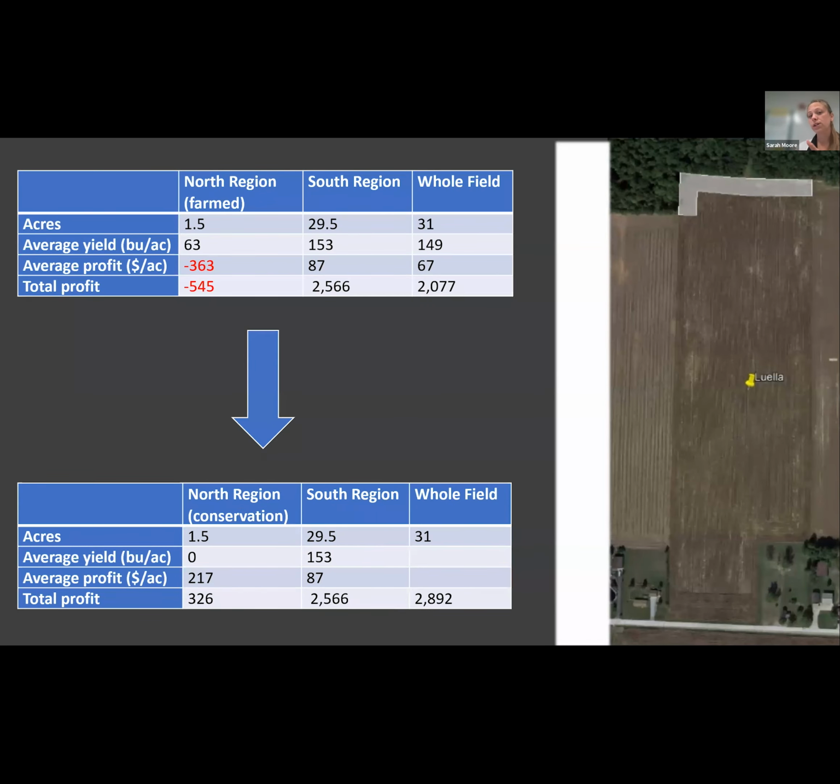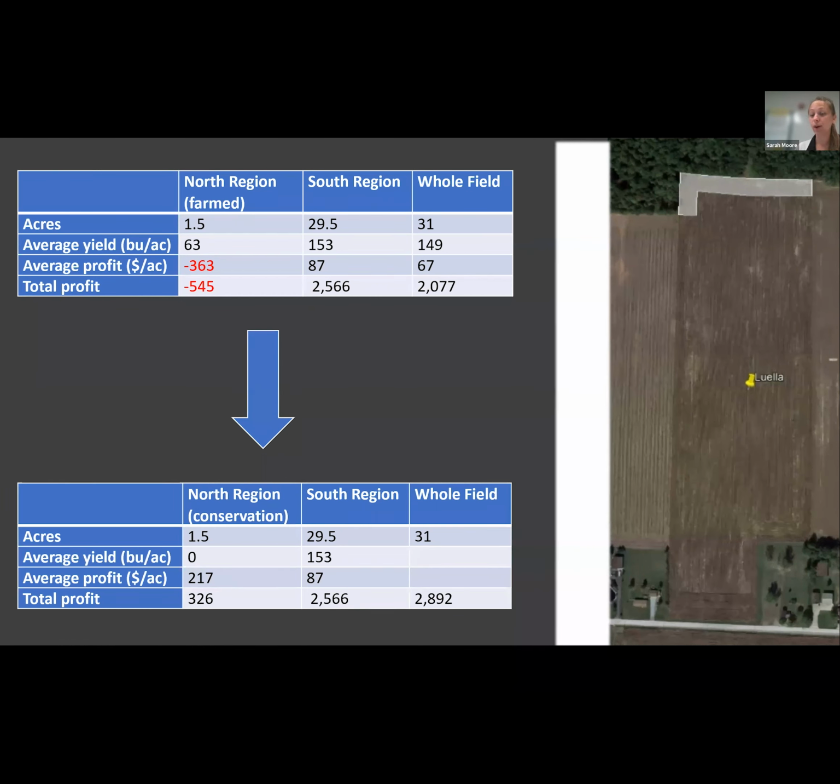So what we can do is look at putting a conservation program in this area that will pay for the practice. So for example, if we were to put CRP on that 1.5 acres, the average payment for this area and this soil type is $217 an acre for that conservation practice. Compare that to losing $363 an acre to all of a sudden making $217 an acre.